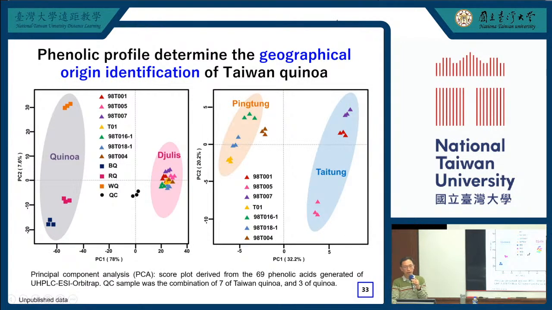If we just use PCR to detect Julius and quinoa, we could not understand this. But the metabolites are affected by the environment. So by detecting the phenolic compounds, we can identify that this sample is grown in Taitung and this one in Pingtung, but they are all Julius. That's the food authenticity we want to establish.